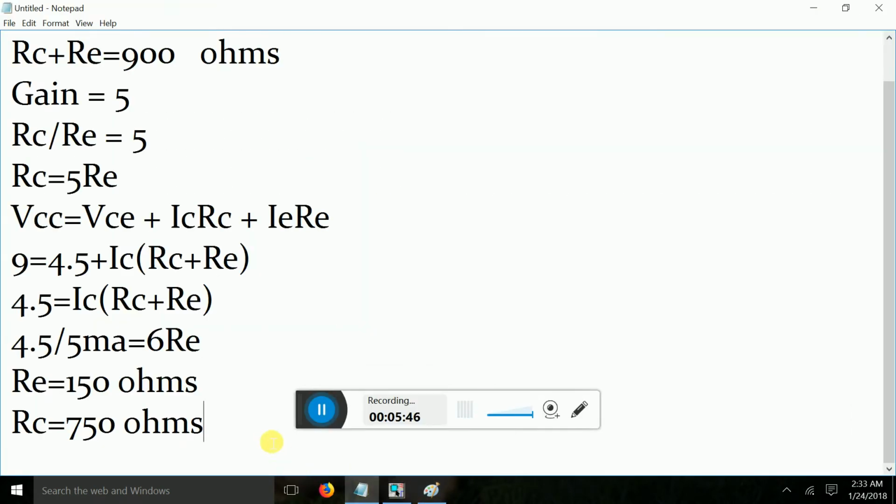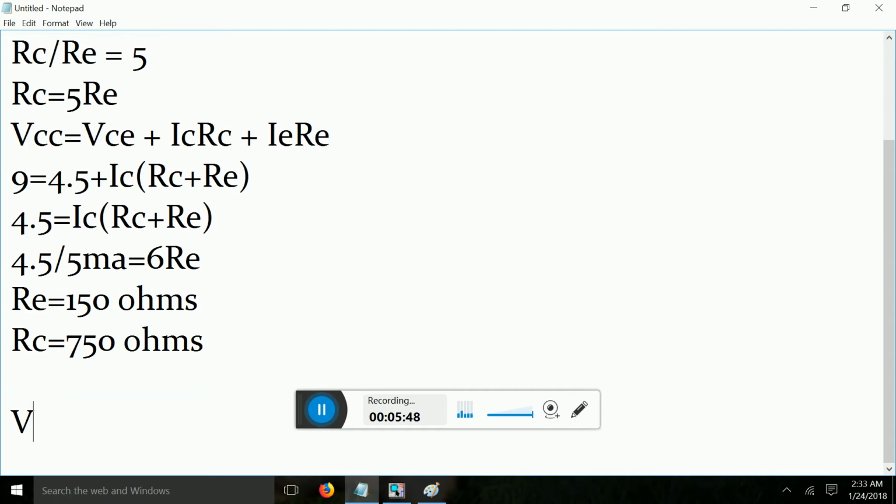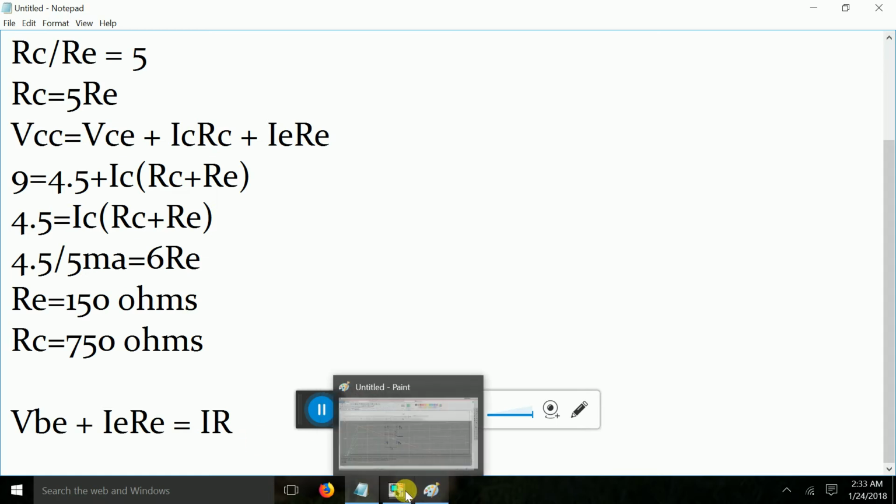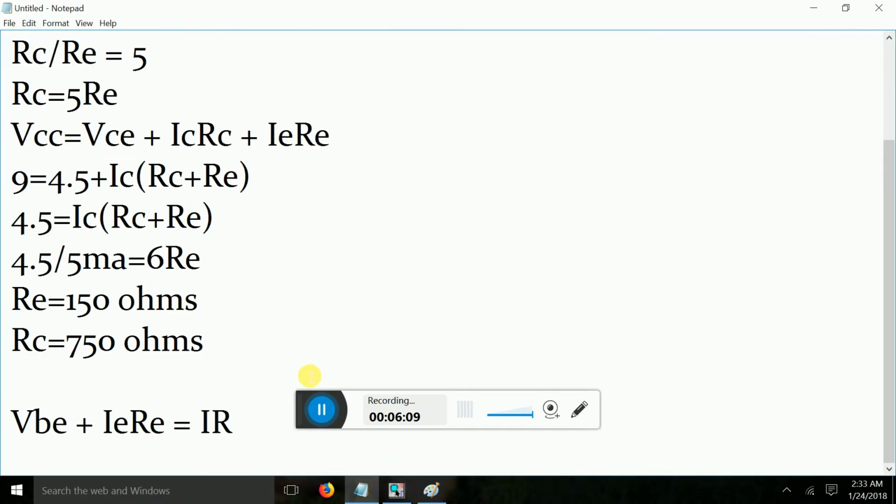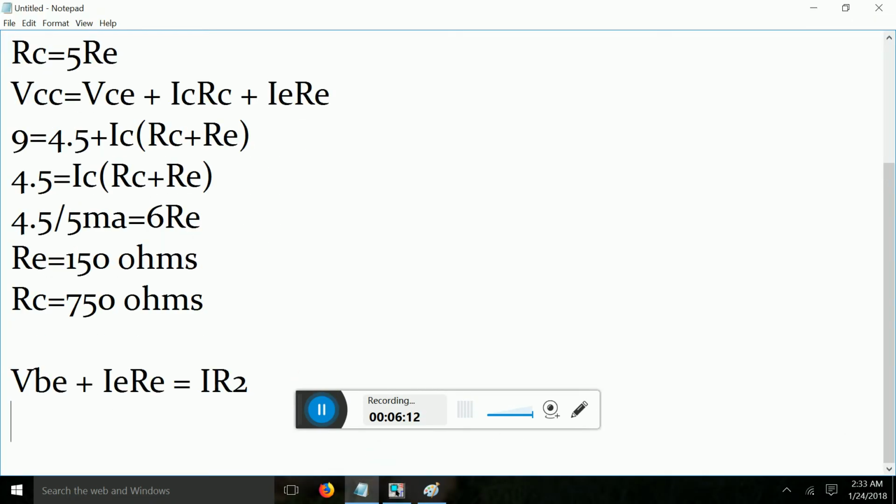Means VBE plus IE RE equals I into R2. So VBE, you know, 0.7 volt plus IC into RE.